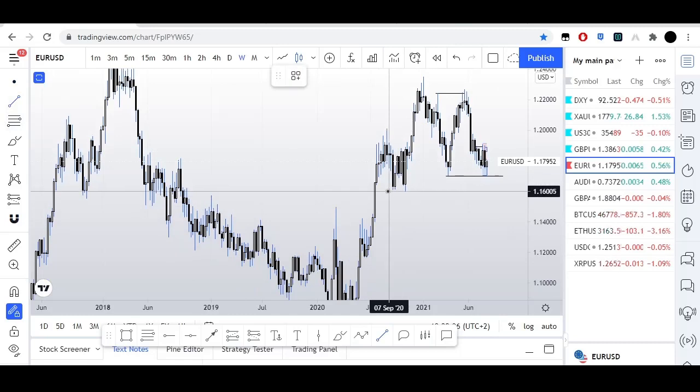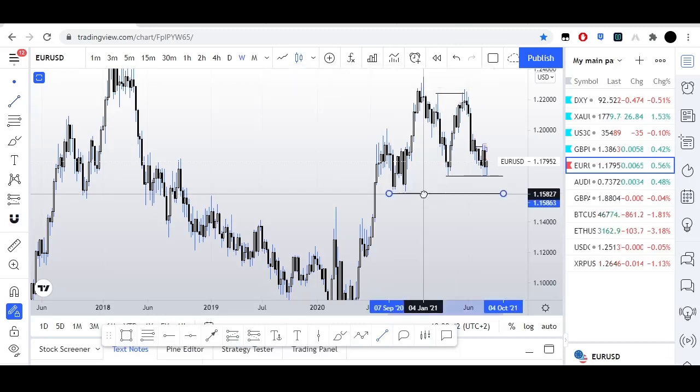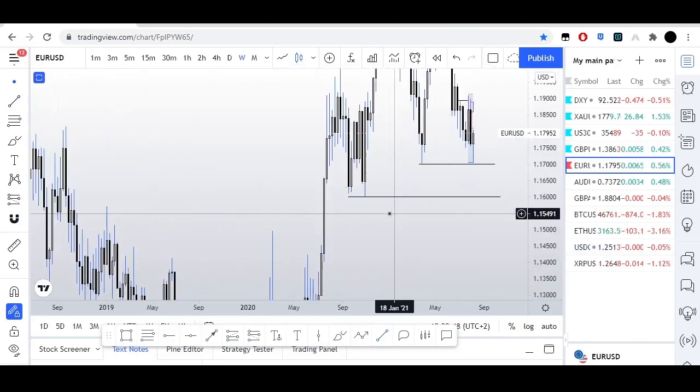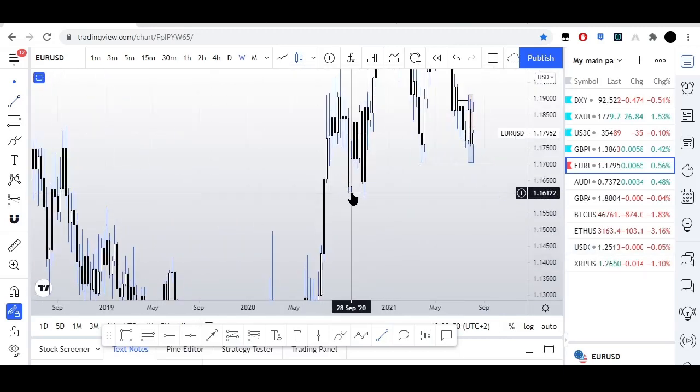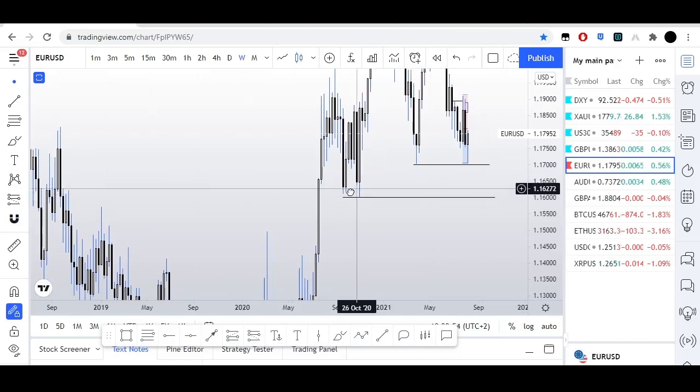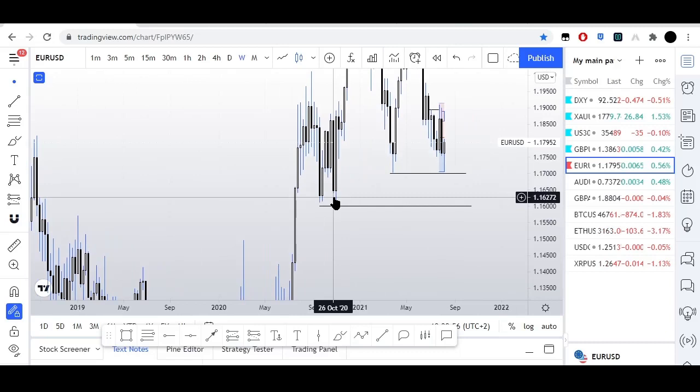This is a high resistance relative equal low, because this low right here took out liquidity. If you look inside, you see this wick is lower than this low right here. It took out liquidity, but it's still relative equal lows, so it's still liquidity to me. It's high resistance, but it's relative equal lows.